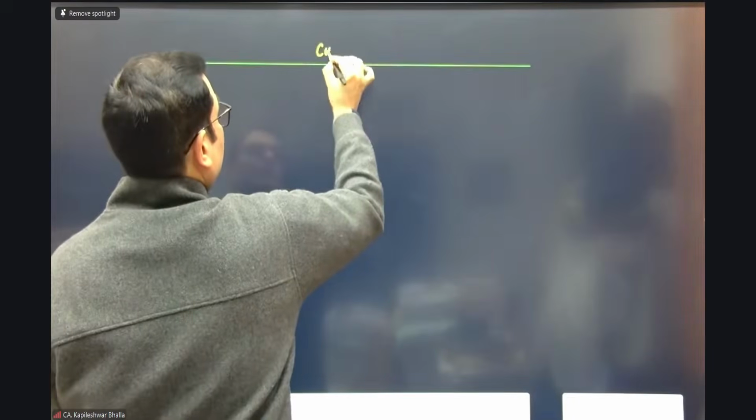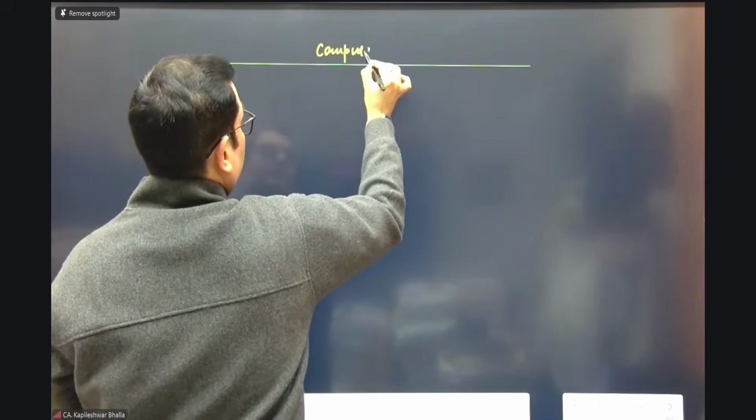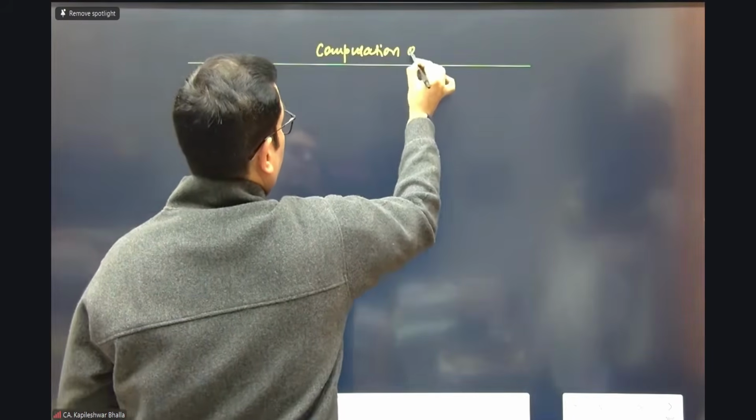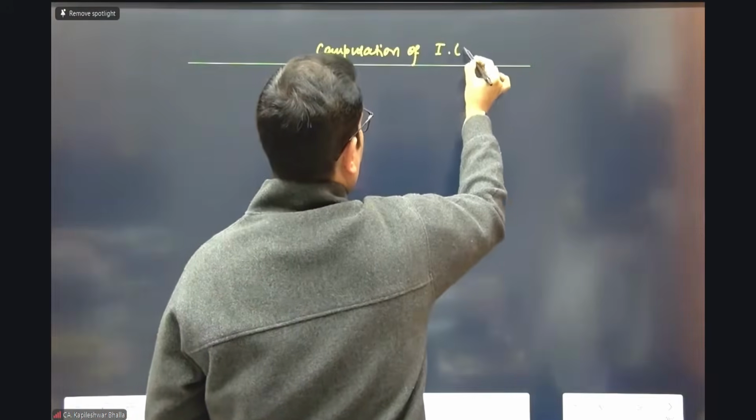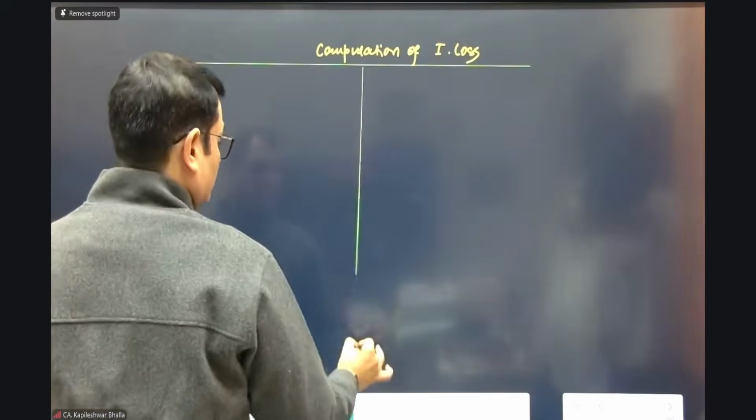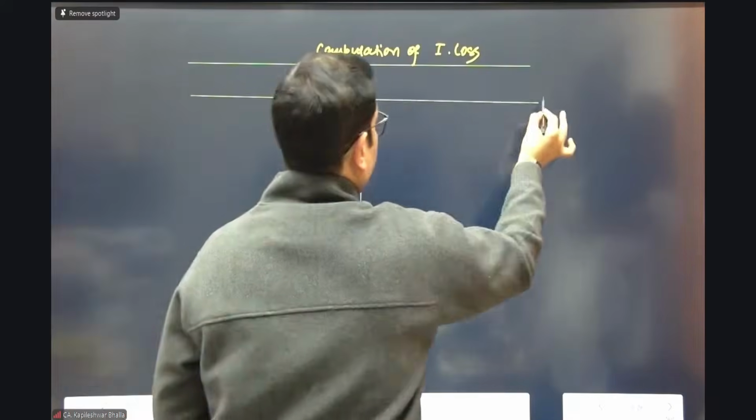Now the next agenda is calculating the impairment loss. So we need to go in for a computation of impairment loss in this case, and here again, let's divide this in two parts.